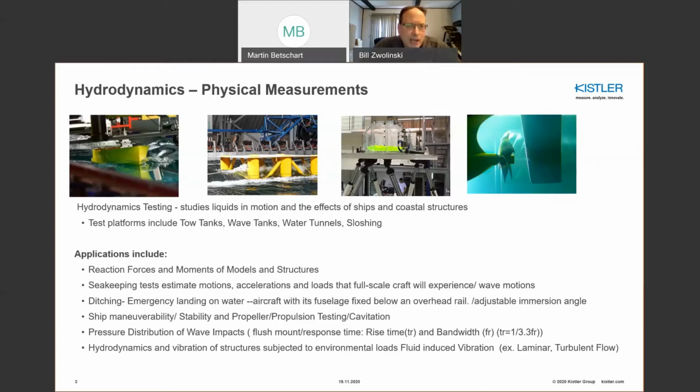Certainly with wave impacts, looking at pressure distributions of the wave impacts, as well as it could be even the reaction forces and moments of the structure itself. Certainly, we're going to touch upon the topic of rise time and bandwidth. And this is a concept that really is important to understanding, getting a high fidelity measurement.